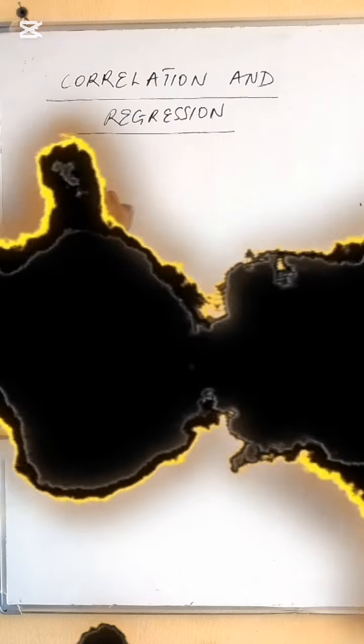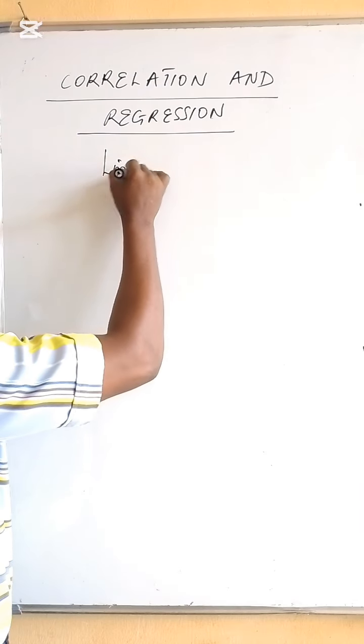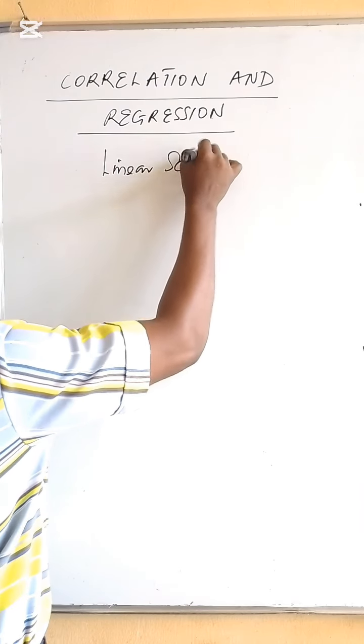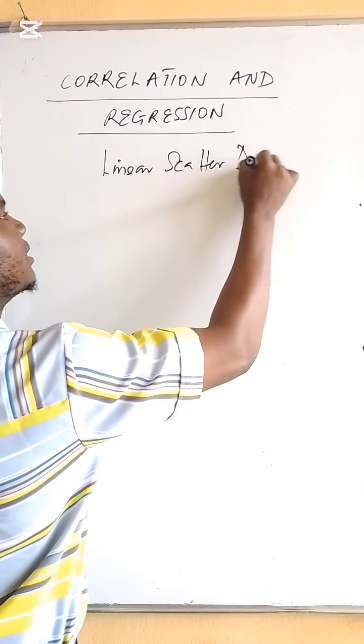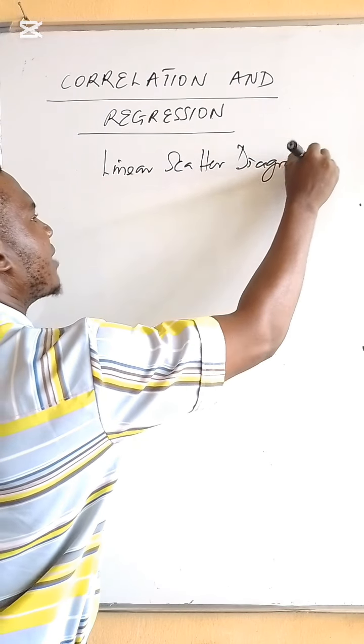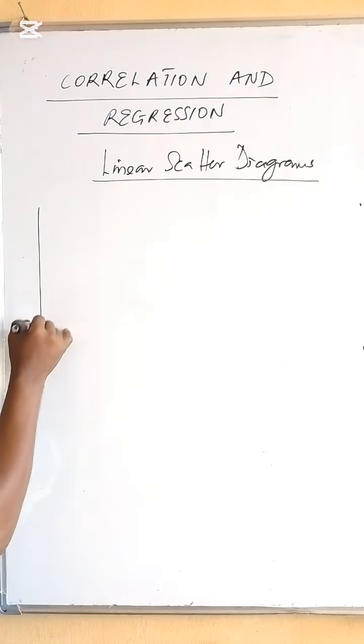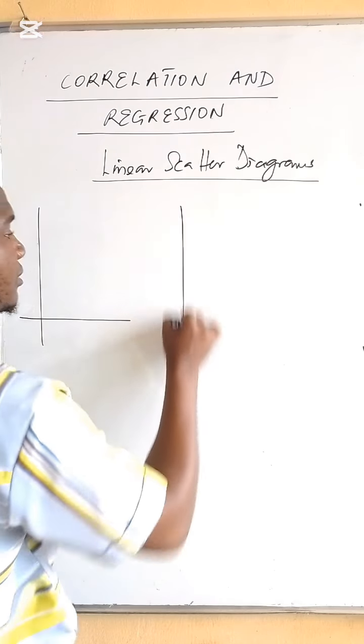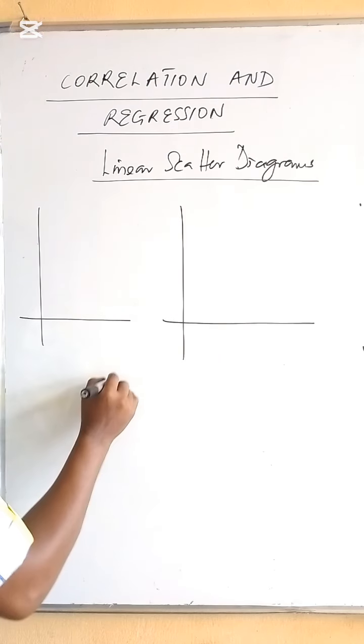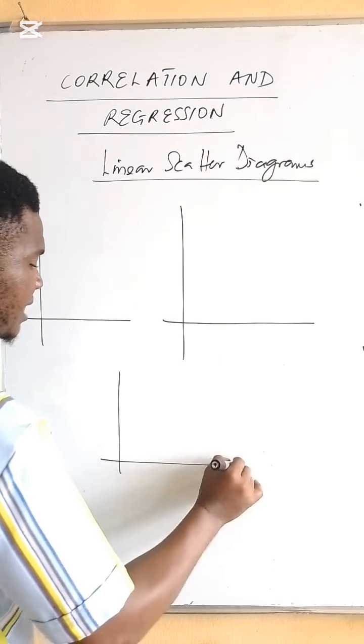Now, let's start with the linear scatter diagram. So I'm going to put here linear scatter diagrams. How do the linear scatter diagrams appear? To start with, I'm going to show you that there are 3 cases under the linear scatter diagram.